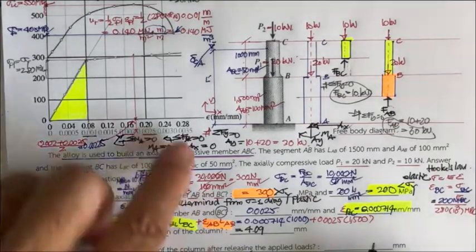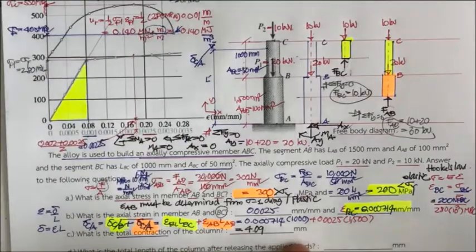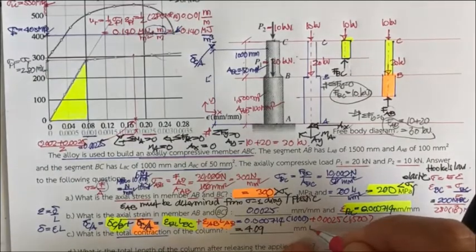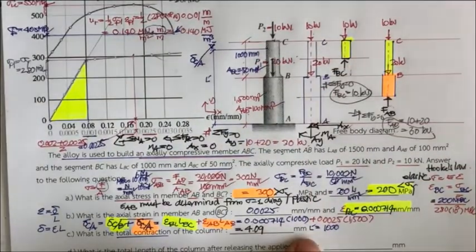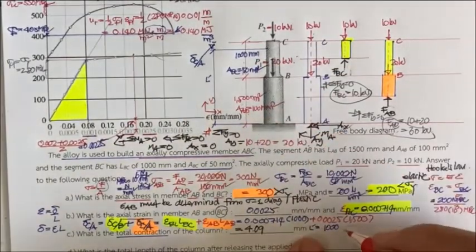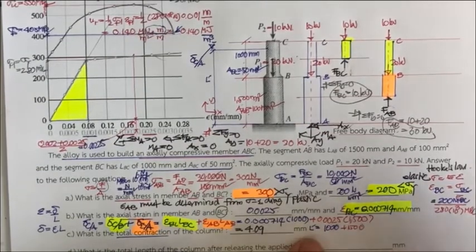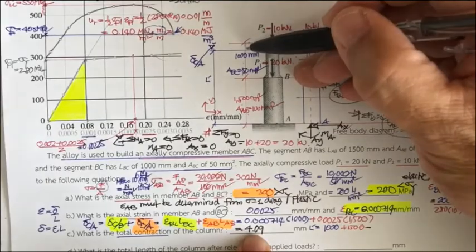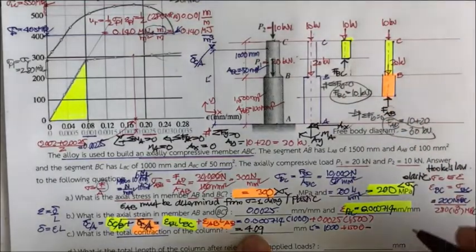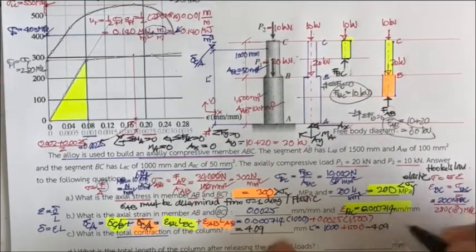And if you would like to determine the L prime, you can find L prime equal to 1000 plus 1500, and you have to minus this because this is the shortening of the column, so minus 4.09.